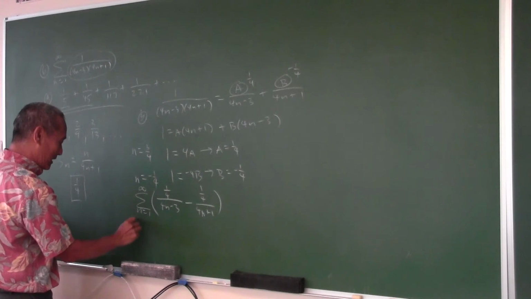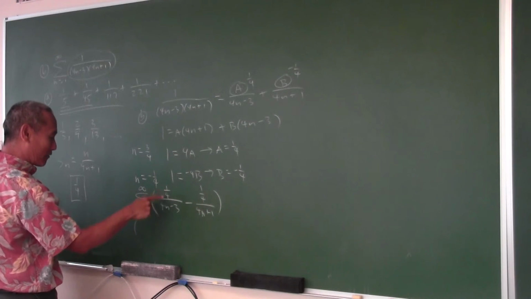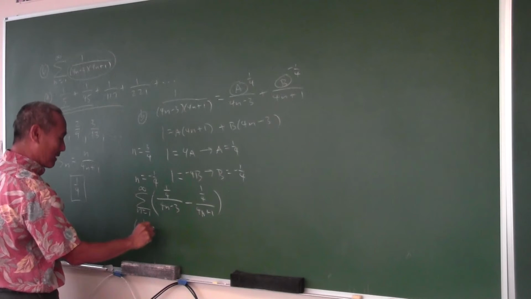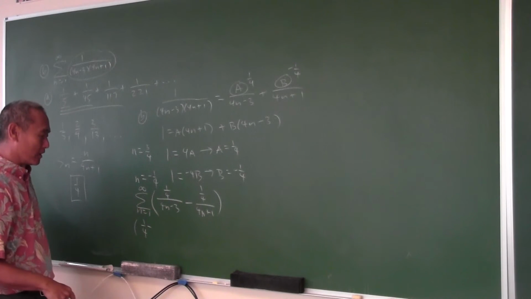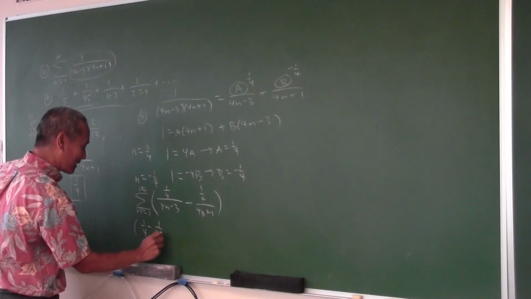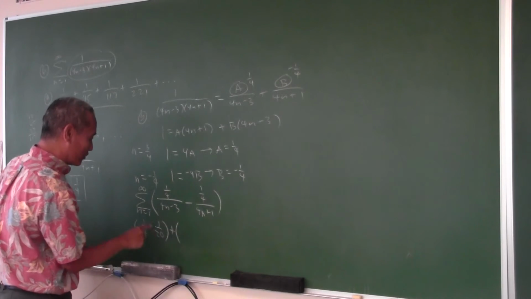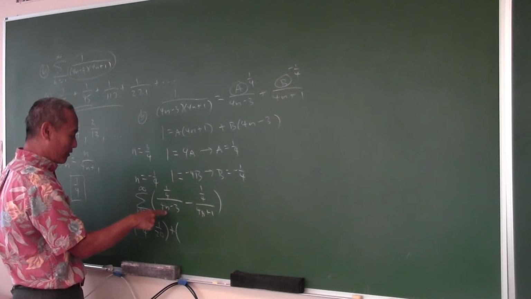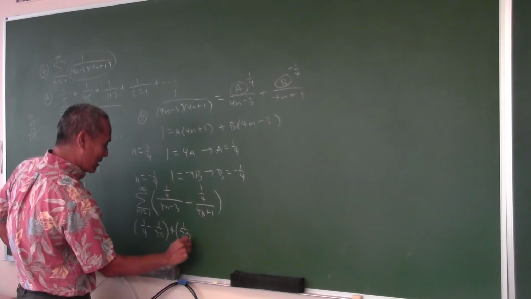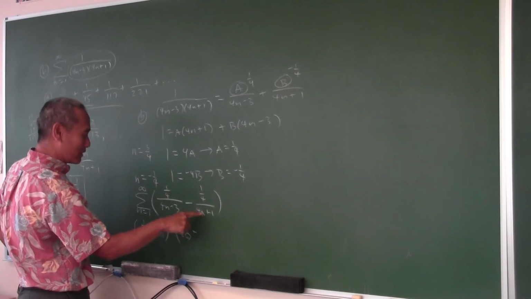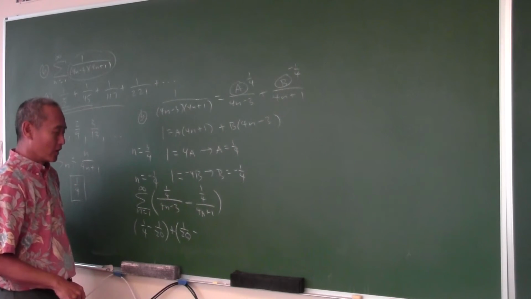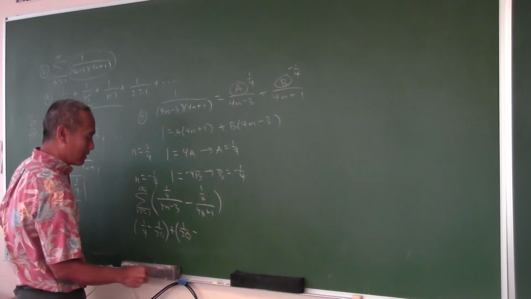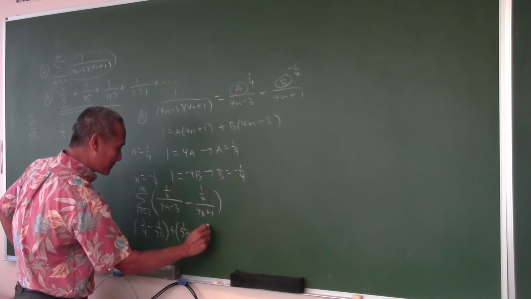Now, this is beautiful. So, are you ready? Plug in 1. If I plug in 1 for n, you get 1/4 over 1, which is 1/4, minus 1/4 over 5, which is 1/20. Now plug in 2 for n. 1/4 over 5, that's 1 over 20, minus, we're plugging in 2 here, so 1/4 over 9, which is 1 over 36.